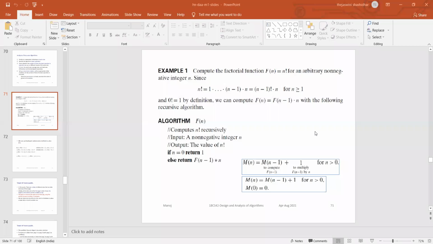I want the recurrence relation. So n into (n-1) factorial is the formula. Where is the recurrence relation?